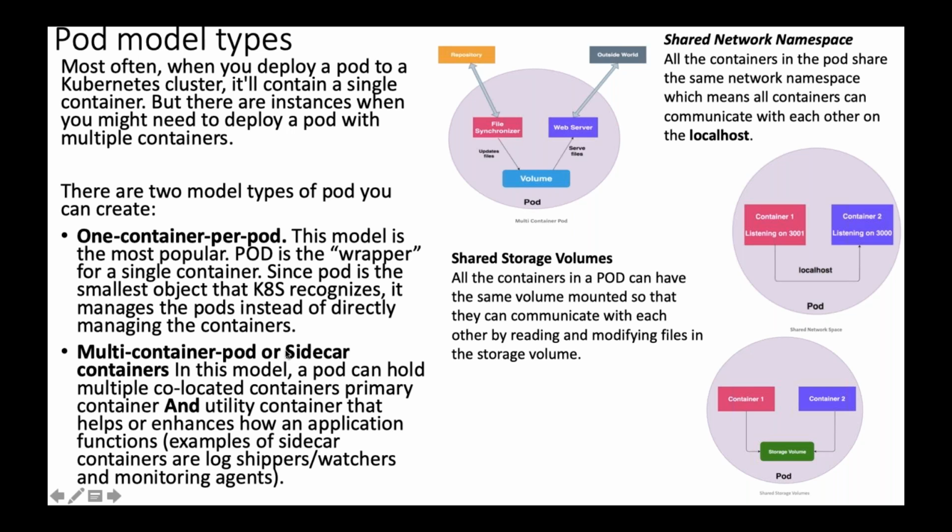What is the meaning of sidecar? Helper. It is going to enhance the functionality of your main container, main application. So primarily there are these types: single container pod and multi-container pods, which we call sidecar.